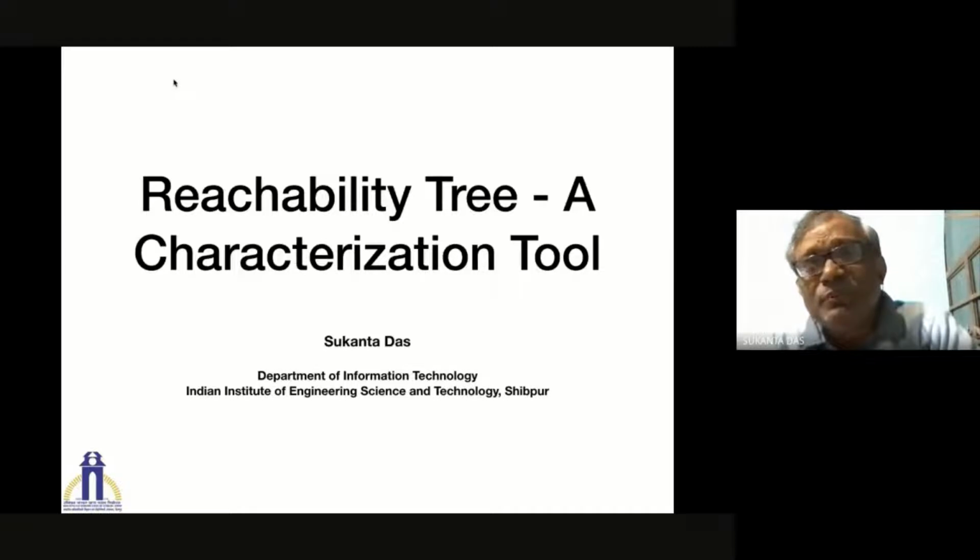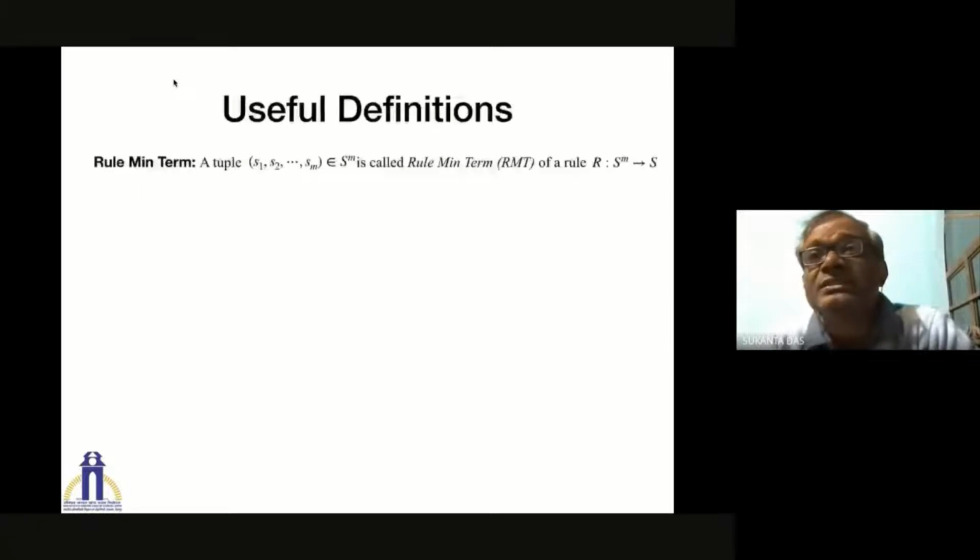Before going into the definition of tree and its properties, let us first discuss some useful definitions which are used in the definition of reachability tree. First one is rule min term. Although this term we have encountered in some places in previous lectures, let us define it formally.